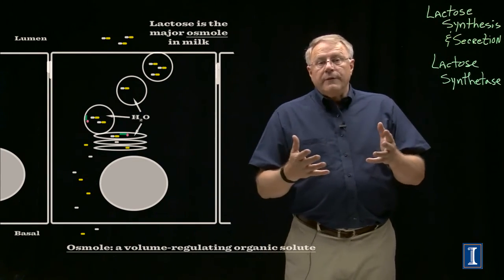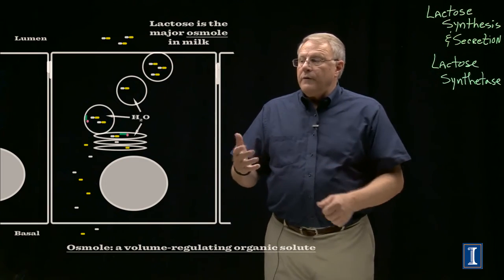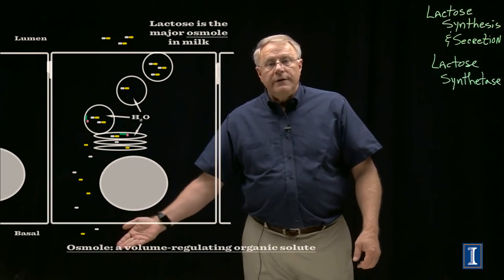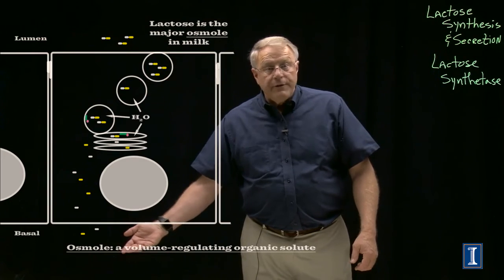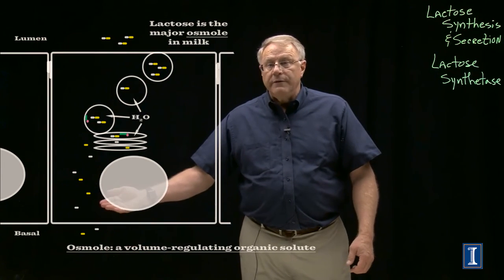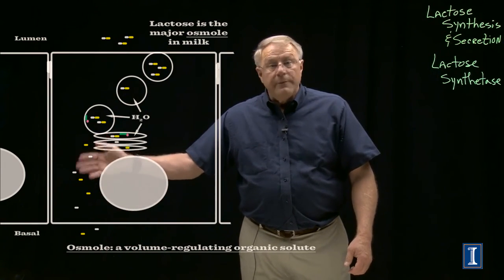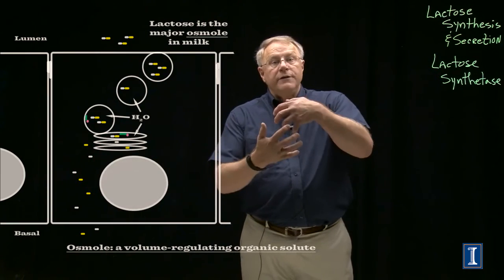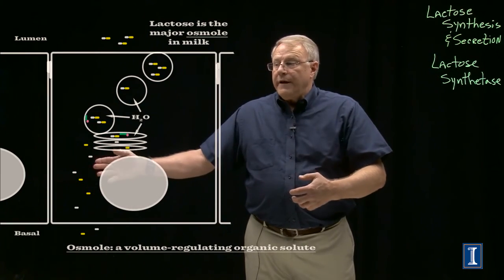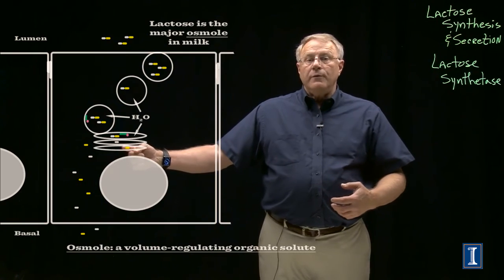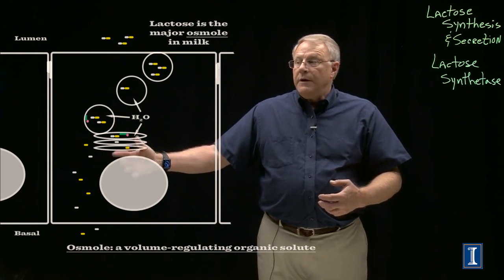So let's do a real quick review of what we've just gone over. Again, glucose from the bloodstream is transported across this membrane. Some of the glucose is epimerized, changed into galactose. Galactose and glucose can then be transported into the Golgi apparatus lumen.